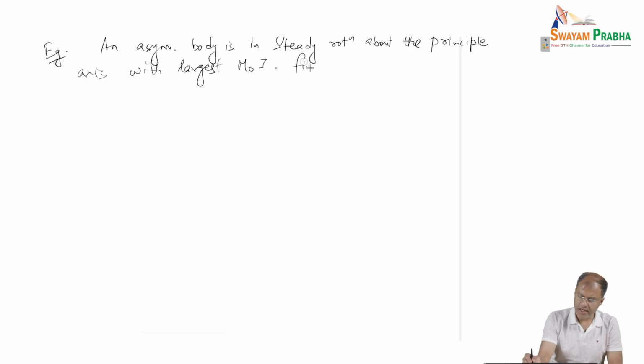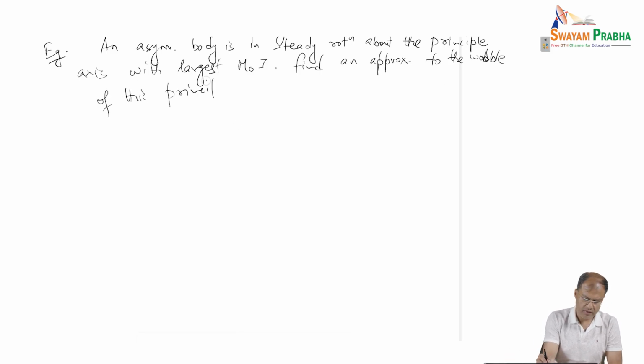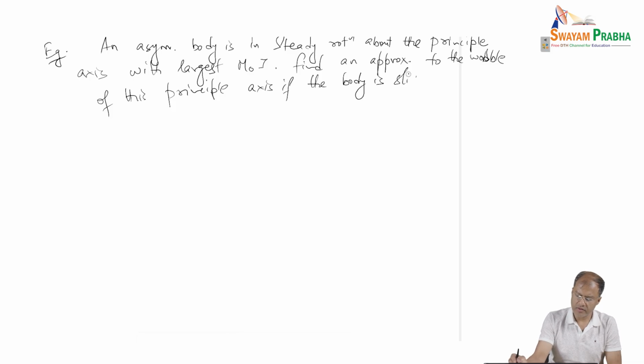We need to find an approximation to the wobble of this principal axis if the body is slightly disturbed.